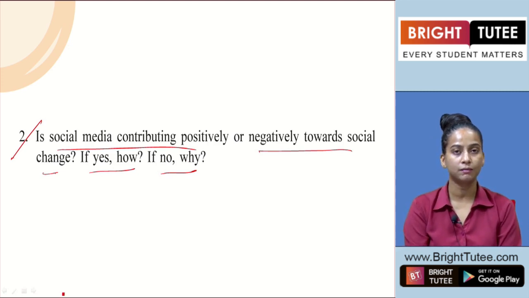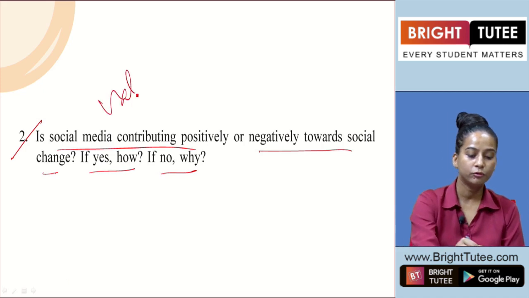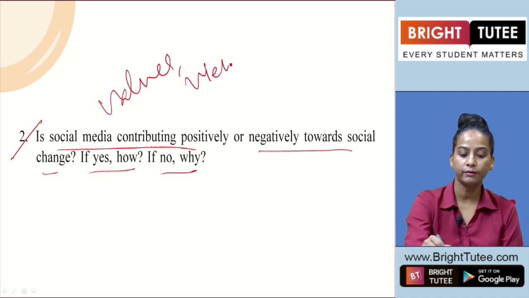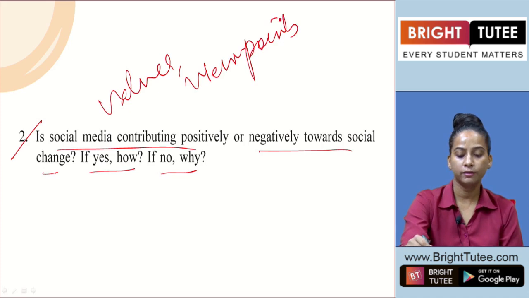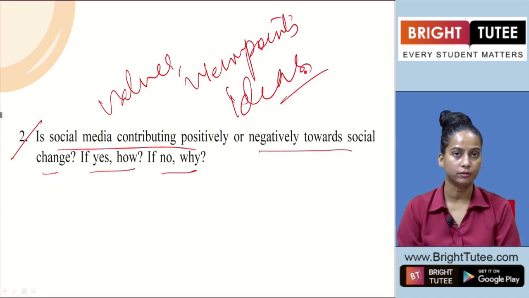At one place we can say that yes, positive impacts are there, as youth are getting a platform to interact with each other where they share their values, viewpoints and innovative ideas. Groups are able to interact with other groups, individuals with others, and different communities with each other.